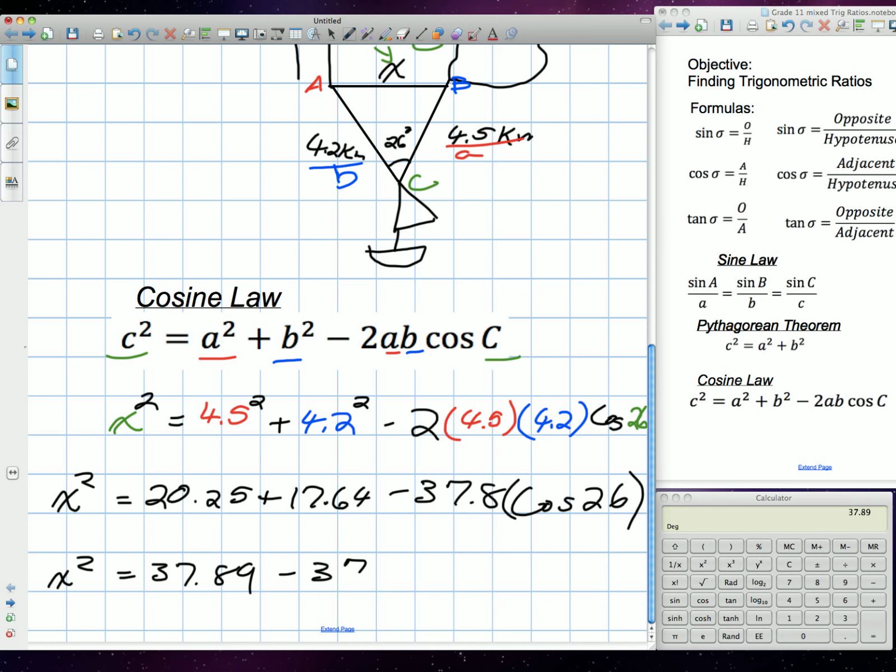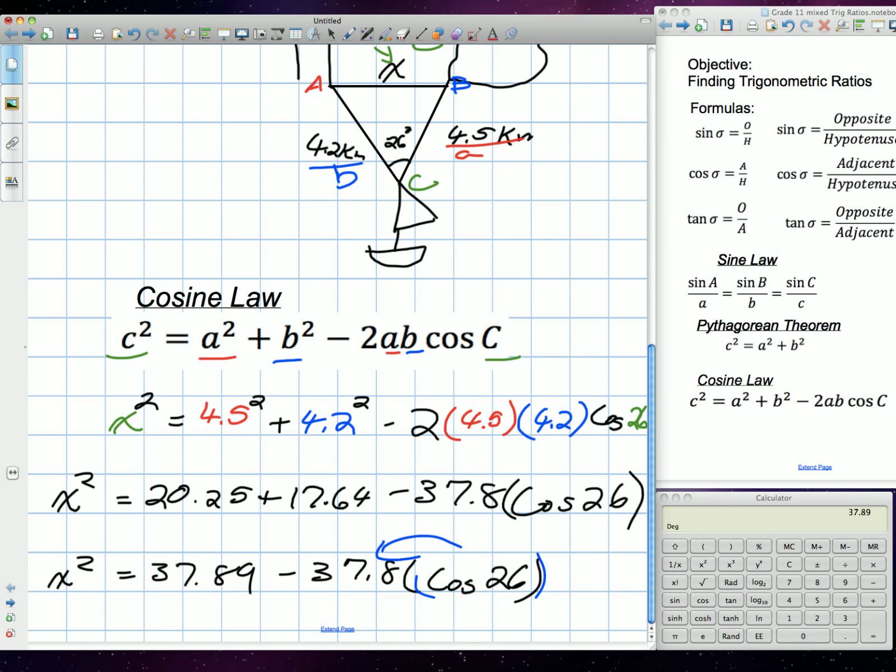Now I have to stress the next step. Many people make this error. They subtract these two numbers. According to BEDMAS, we do the multiplication first. So I plug in cos 26, then I multiply that number by 37.8. Then I deal with the subtraction.